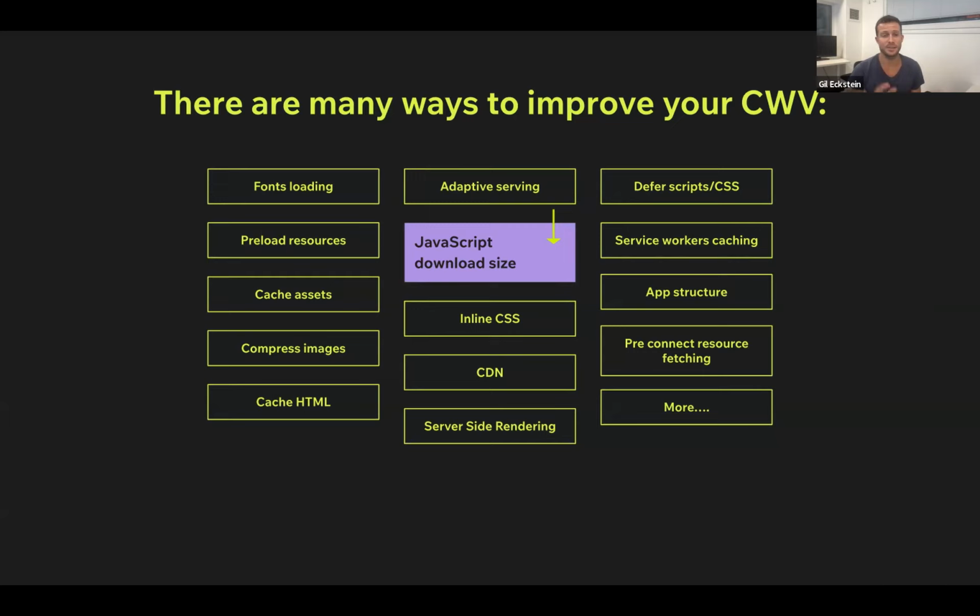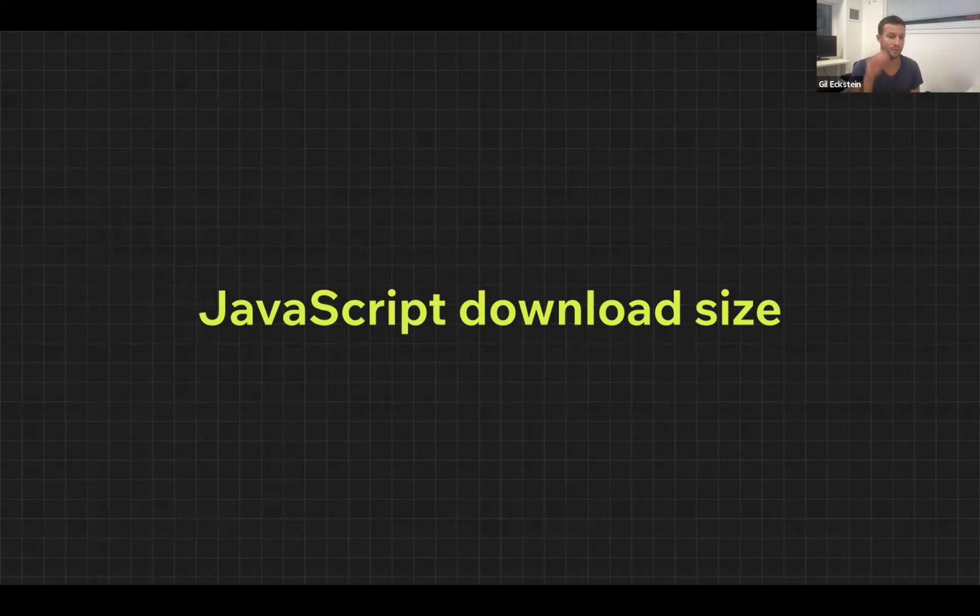There are a lot of issues that you can have and a lot of solutions, but most of them are small fixes with small impact. And I chose the thing, from my experience, the solution with the biggest impact. And it's the JavaScript download size, and I'm going to talk about it right now.